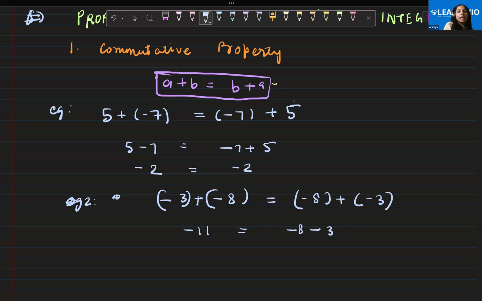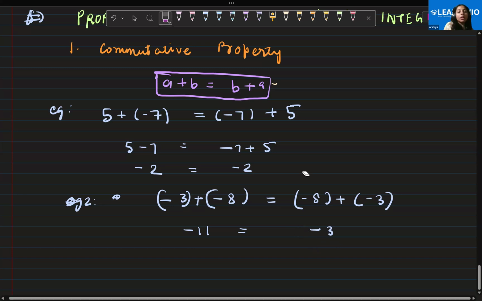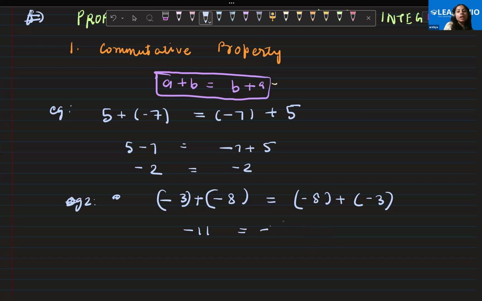The sign will be negative since 8 is bigger. So the answer will be negative 11. So what does this mean? This means that addition of integers is commutative. That means we can add in any order. We can switch the order. We can add b first, but the answer will be the same. Is it clear?